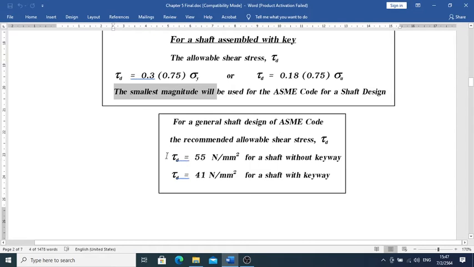This is for the keyway. Without the keyway, use the tau design of 55 and the tau design of 41.